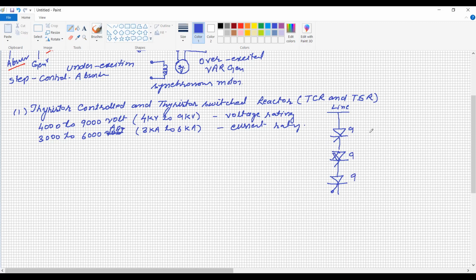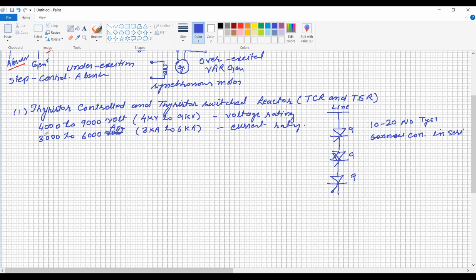Similarly, there may be 10 to 20 thyristors connected in series to maintain the higher voltage blocking.